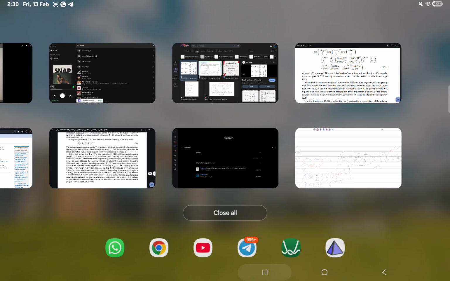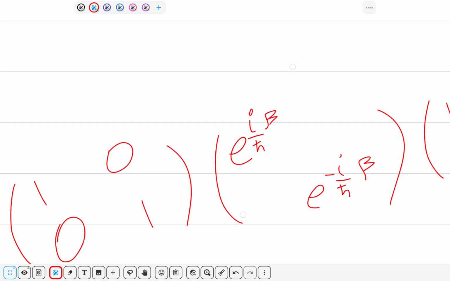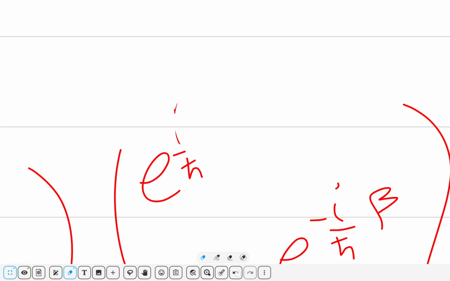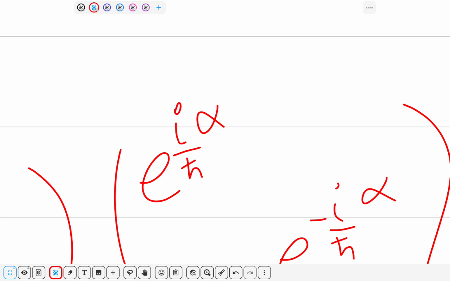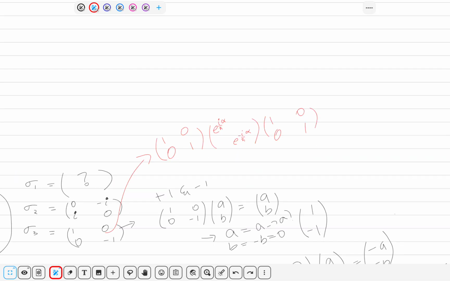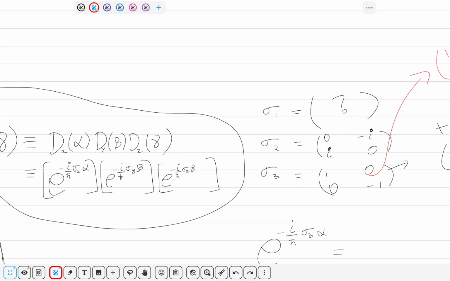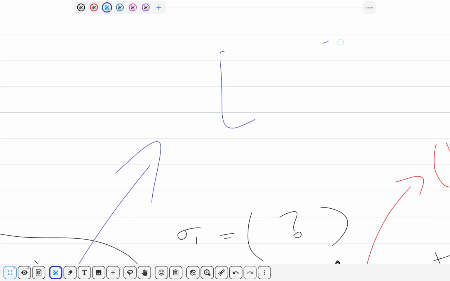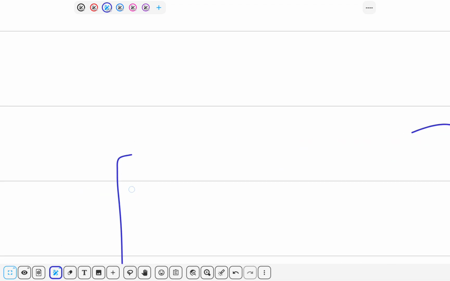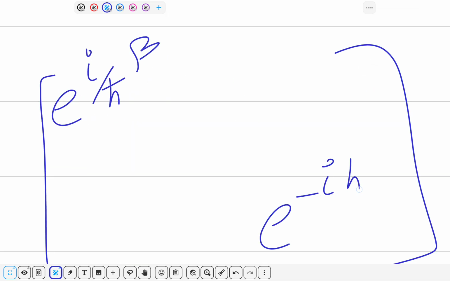Oh, it's alpha, no problem. And plus minus, it doesn't matter where you keep it. I think I will just keep it as it is. The same thing will happen for this matrix, so it will look like e to the power i over h-bar beta, and e to the power minus i over h-bar beta.